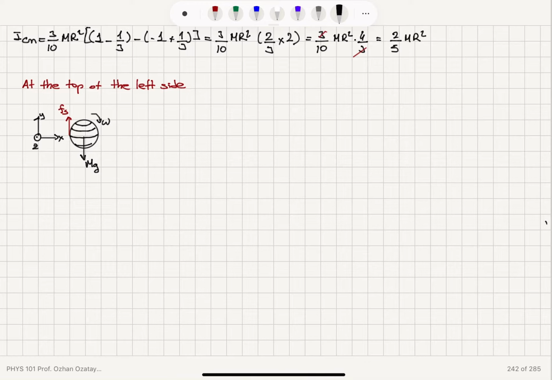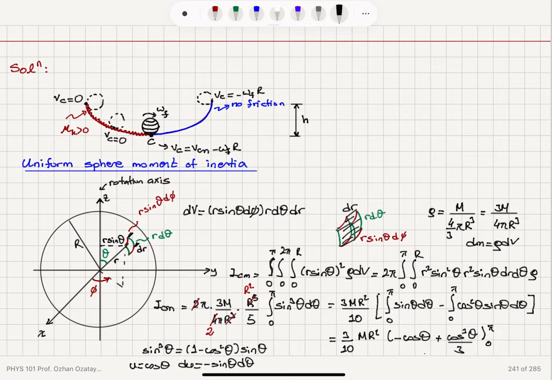So that's my result for the moment of inertia of a sphere for rotations about the center of mass axis. So that's basically rotations about the z-axis. Now let's concentrate on what is happening at the top of the left side.